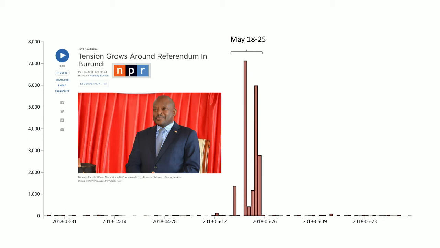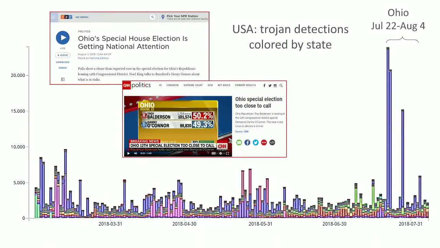But the referendum was important enough, as you can see, that NPR is talking about it in the United States. So you know it was important if it's making the nightly news in the United States. But you can see, again, clear as day on the malware timeline that somebody is either collecting or perhaps even trying to manipulate information. But again, we'll get to that in a few minutes.